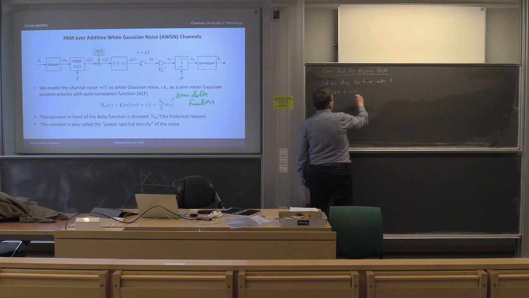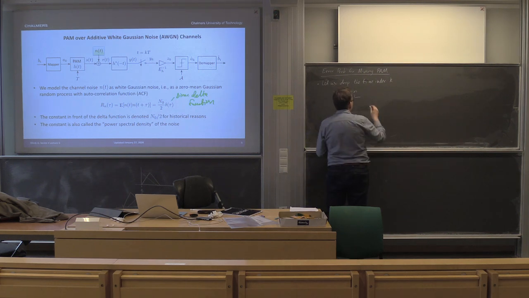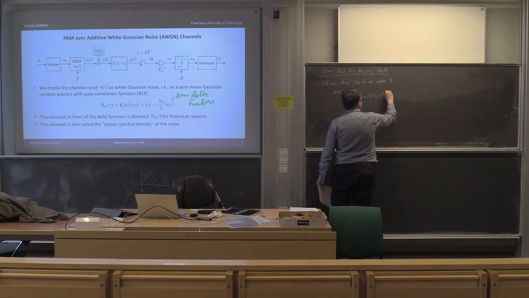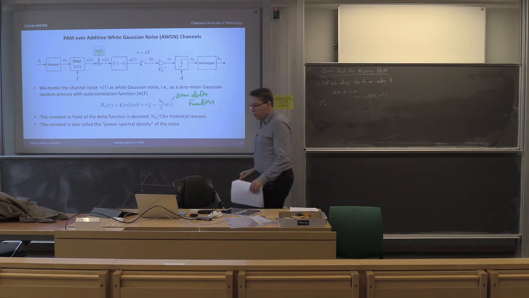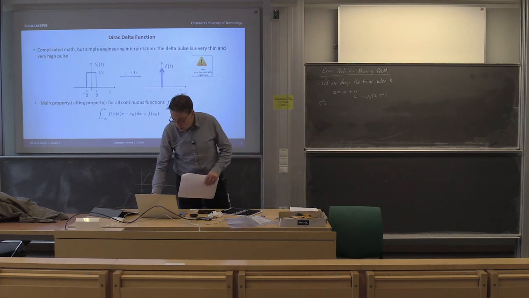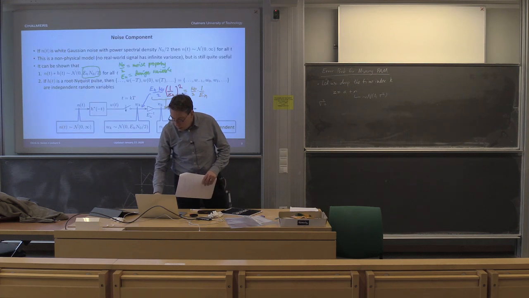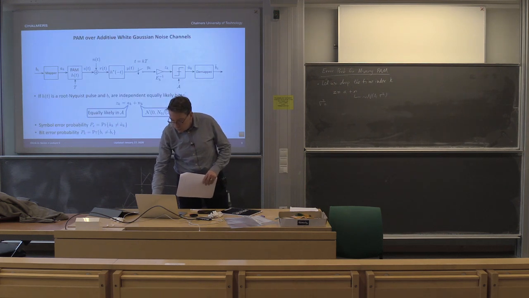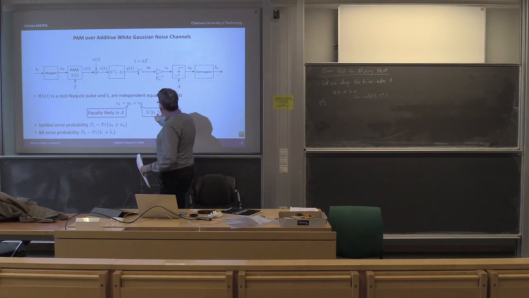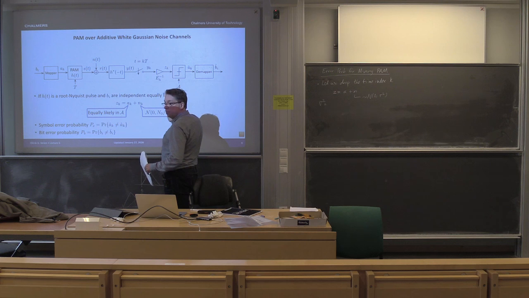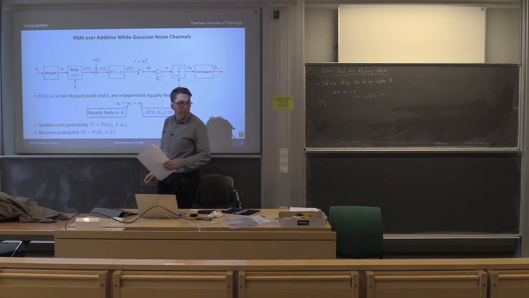And we know that this noise component is Gaussian with zero mean and a certain variance sigma squared. And we saw earlier that sigma squared is actually N naught over 2 EH.